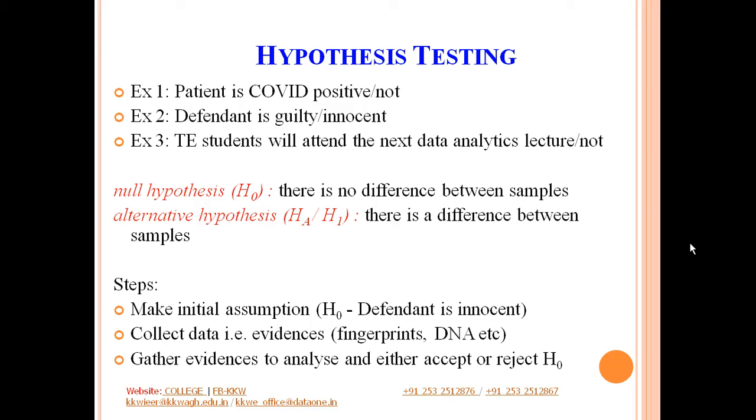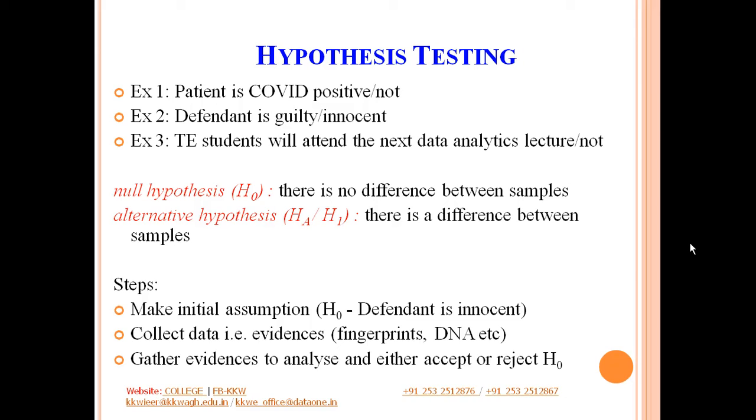What is the next step? After you gather all the evidence, you have to analyze it and come to a conclusion based on this evidence. So depending on the evidence, you will perform the analysis and we will either accept the null hypothesis or reject the null hypothesis.